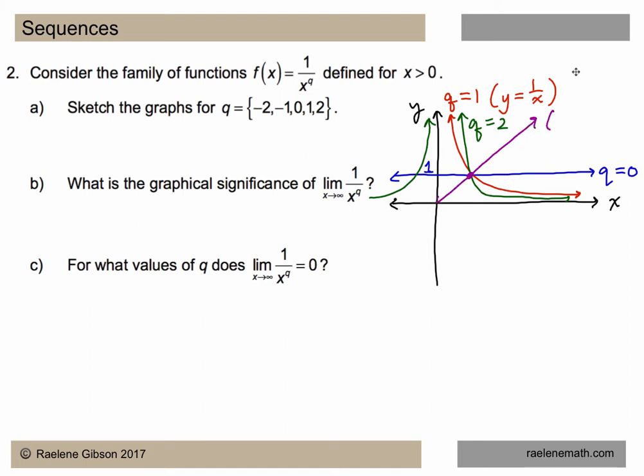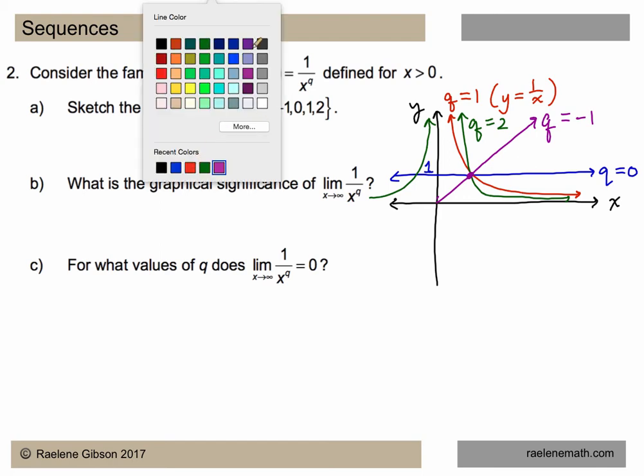And I will label this q is equal to negative 1. And lastly, if q is equal to negative 2, we are going to get a parabola, and the parabola graph, I'll do it in orange, also passes through 0, 0, and looks like this.